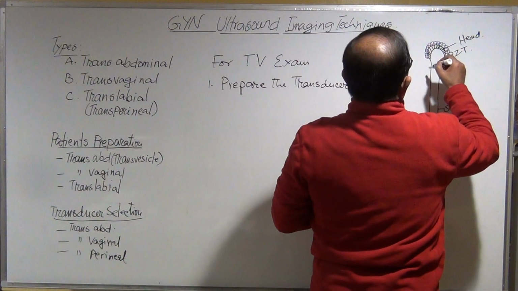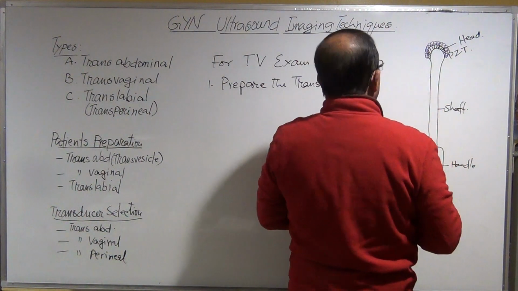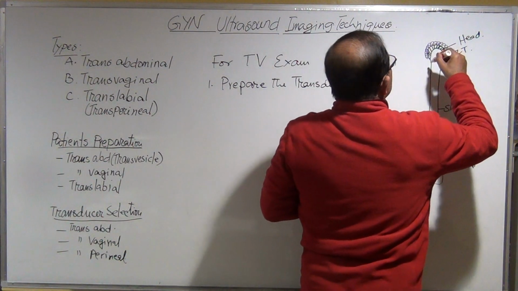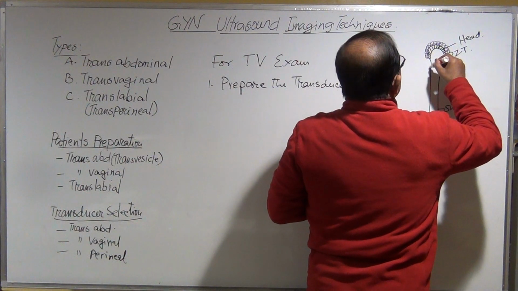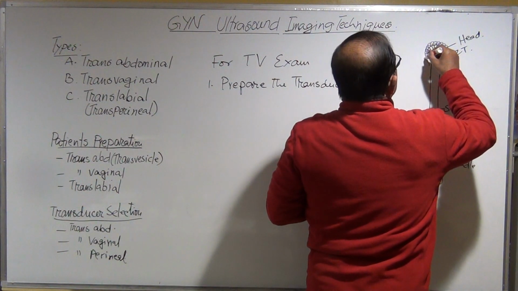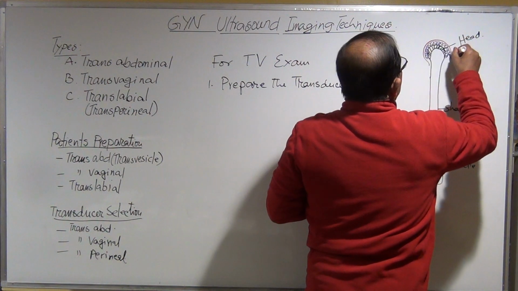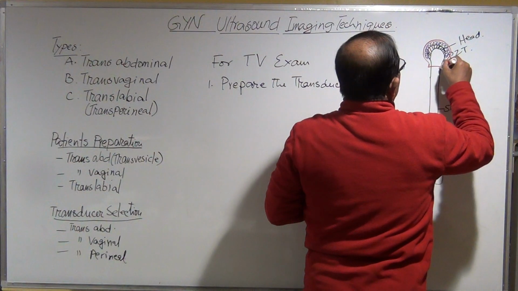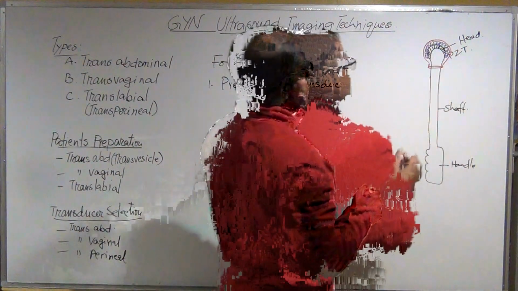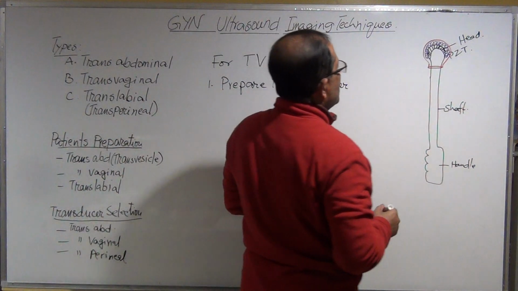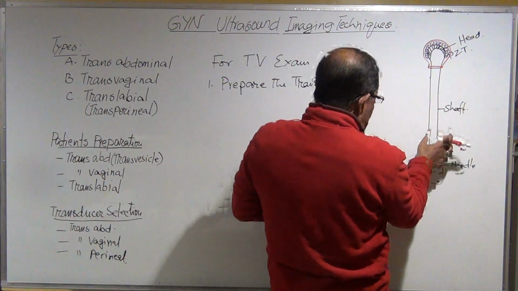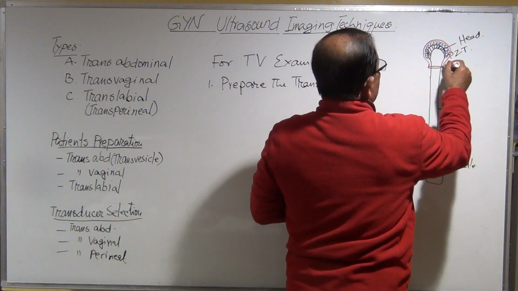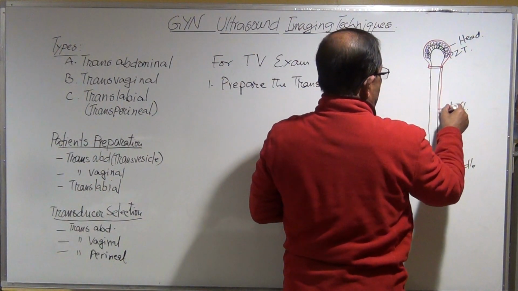Then put the probe cover over it. Okay, so this is the probe cover. And now roll down the probe cover. Unroll, unroll, unroll, unroll, and the probe cover will come up to here.